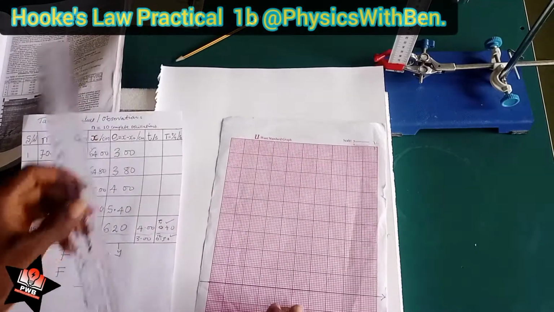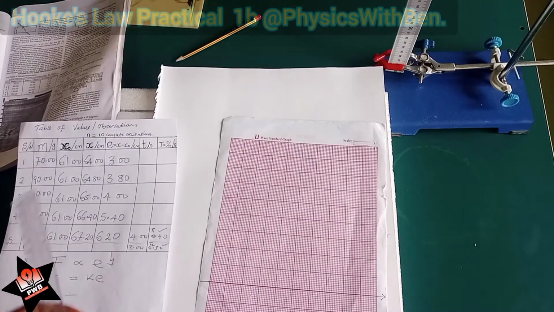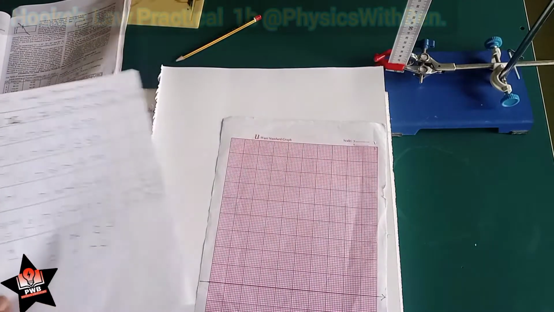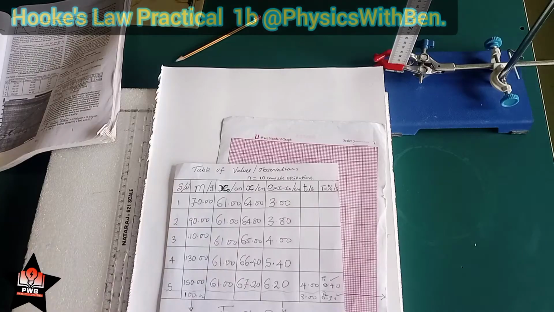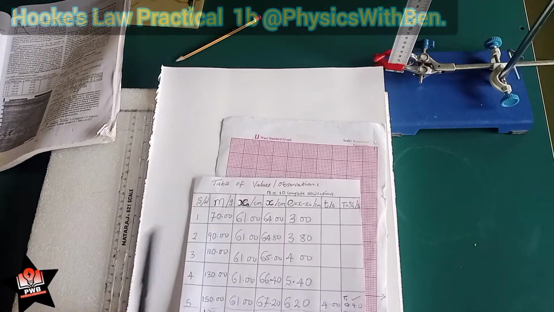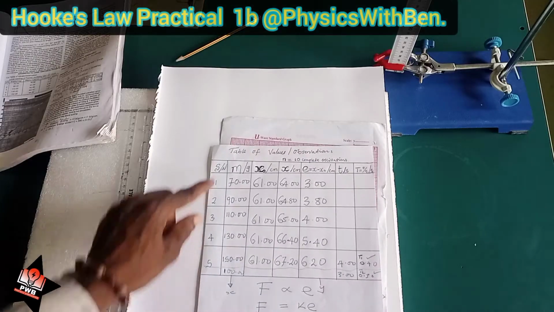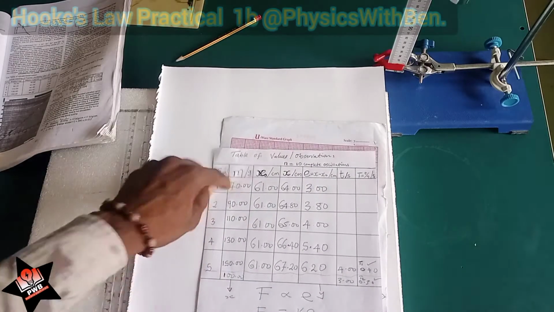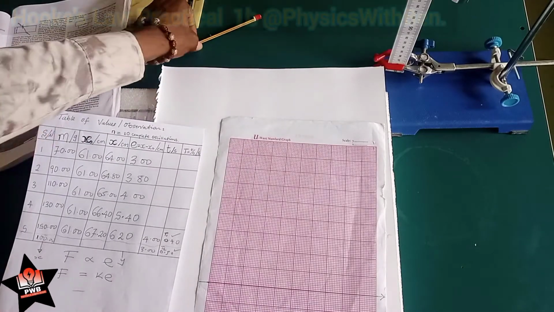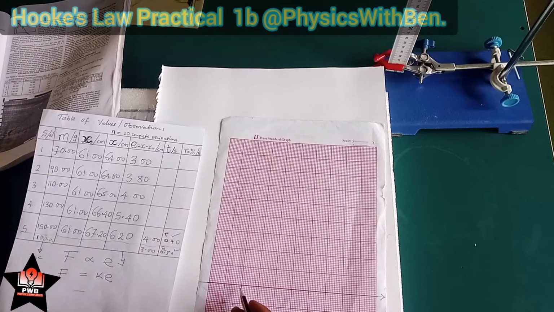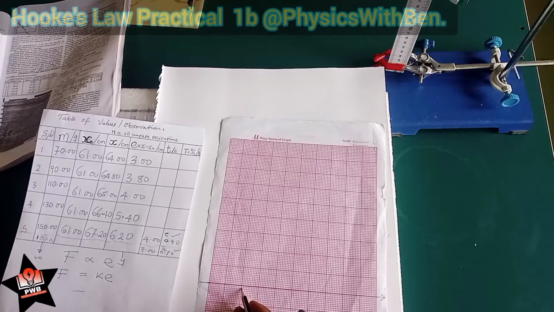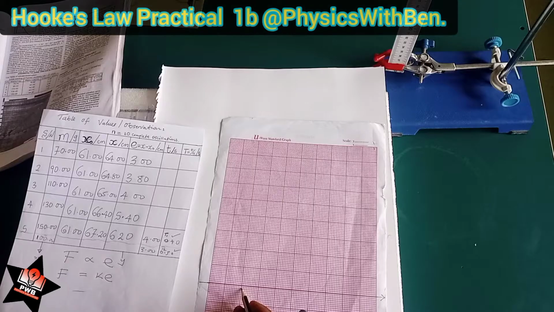And then the horizontal axis, the highest value is 150, while the lowest value is 70. Highest 150, lowest 70. So can we say that 2 cm to 100, 2 cm to 50 units?